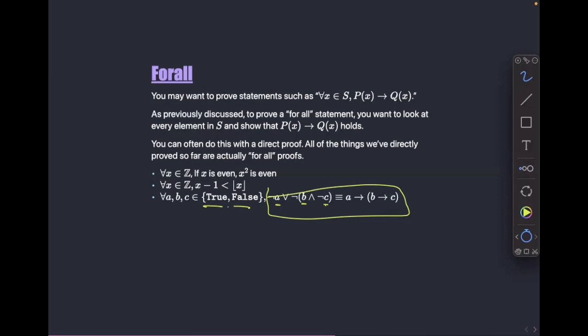This is why you were able to just use a truth table to prove it, because I can just plug in all possible values of A, B, and C and prove it that way. The reason is that you have this finite set, but I'll talk a little bit more about that in just a second.